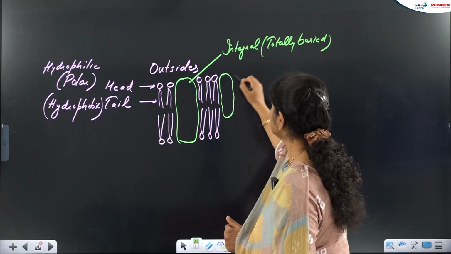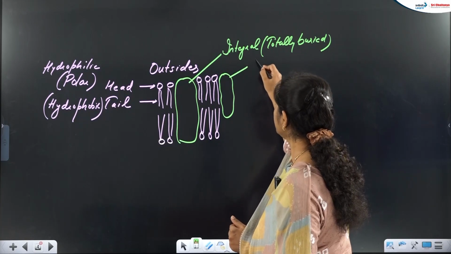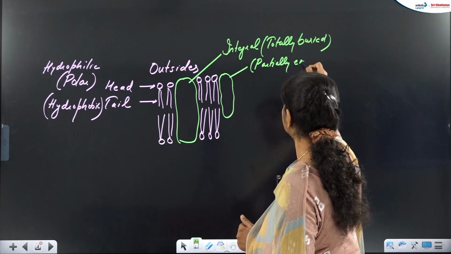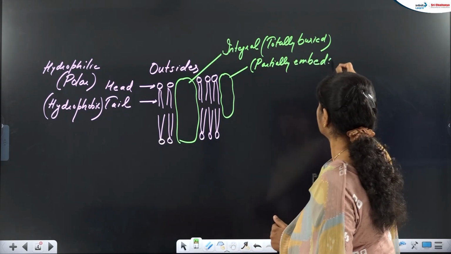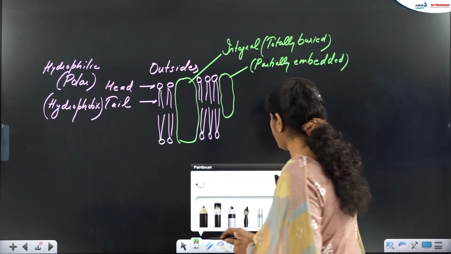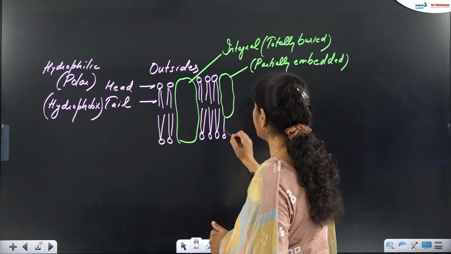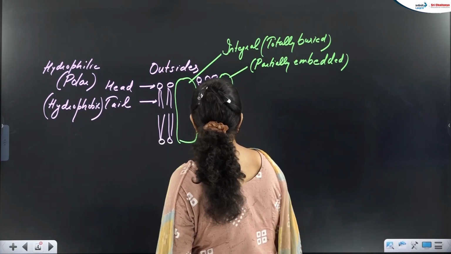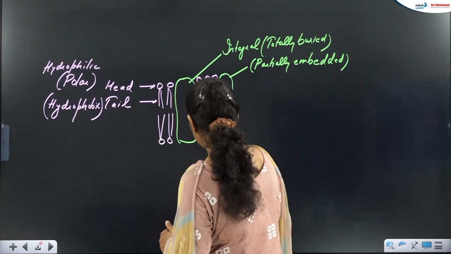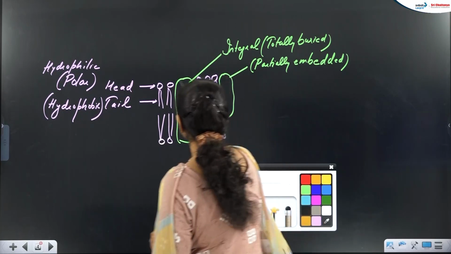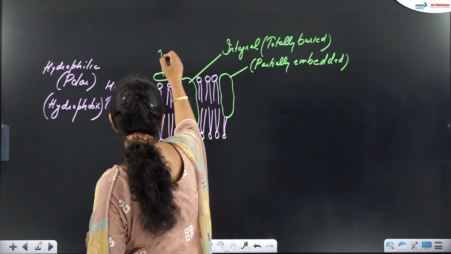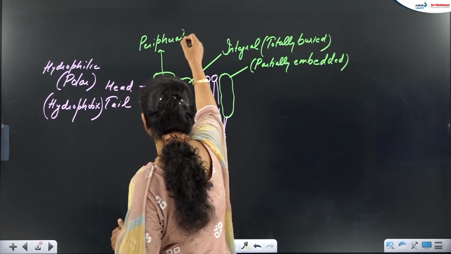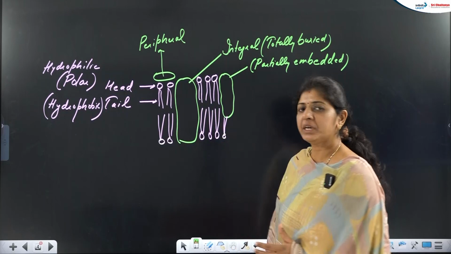If I draw, this is even integral, but it is partially embedded, even covered by lipid bilayer. And towards its outer side, if I draw the protein, you call it a peripheral protein, they are not embedded inside the lipid bilayer.